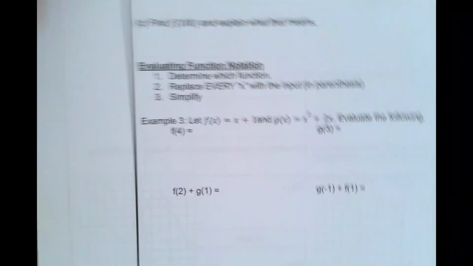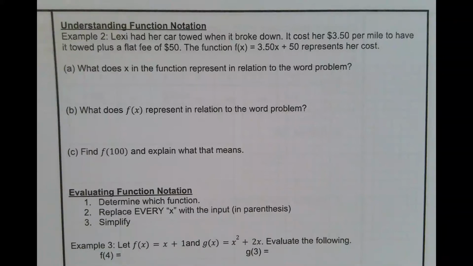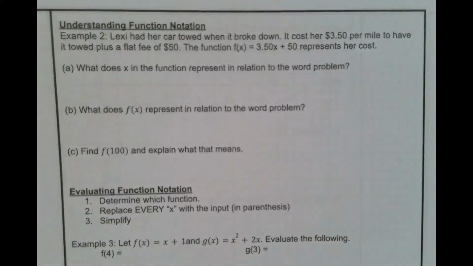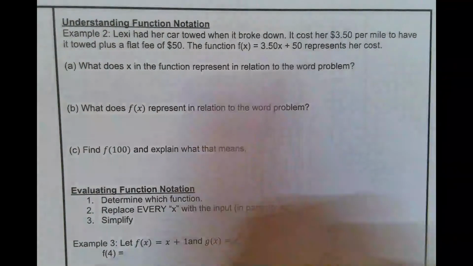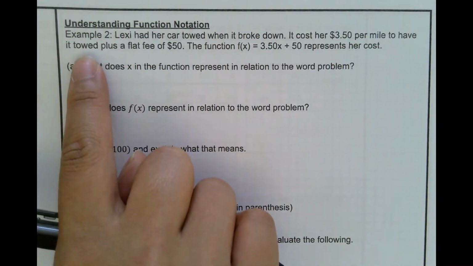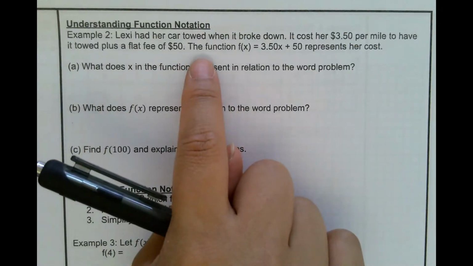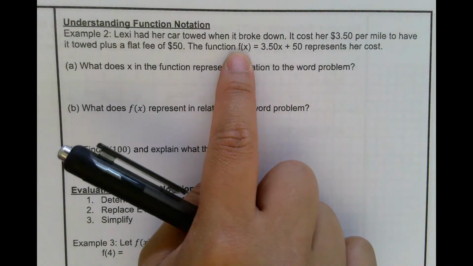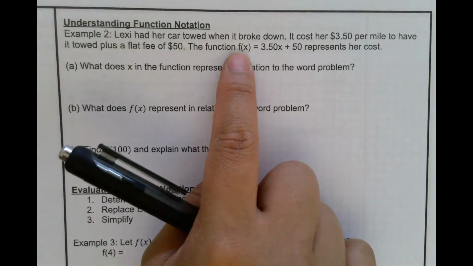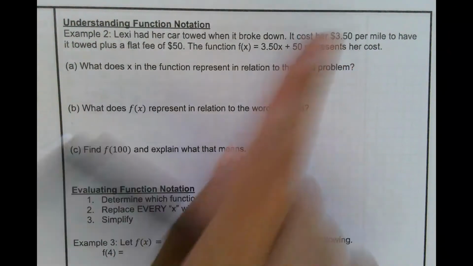So let's get started. First, let's understand function notation using this word problem. Lexi had her car towed when it broke down. It cost her $3.50 per mile to have it towed, plus she had to pay a flat fee of $50. The function f of x, again, it doesn't mean multiplying, equals 3.50x plus 50 and represents her cost.